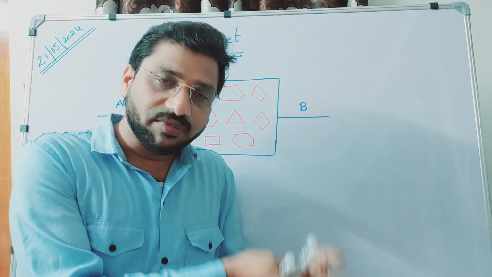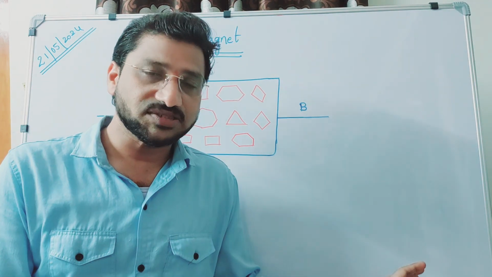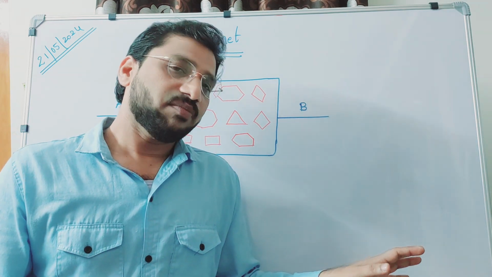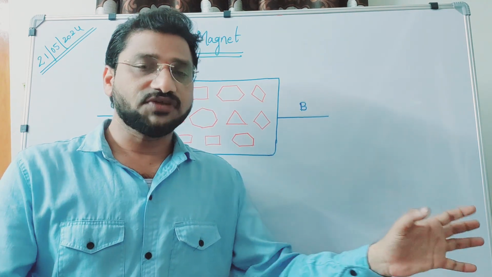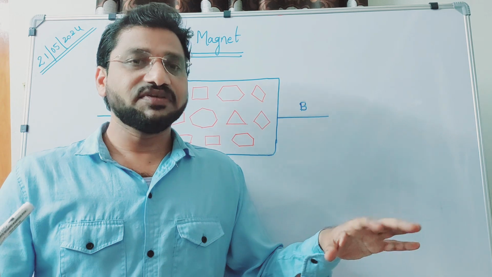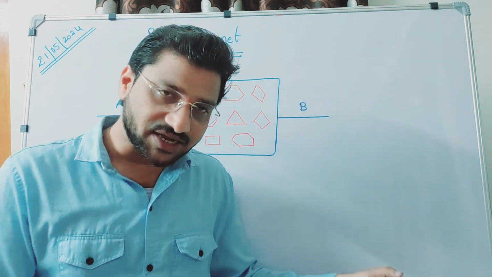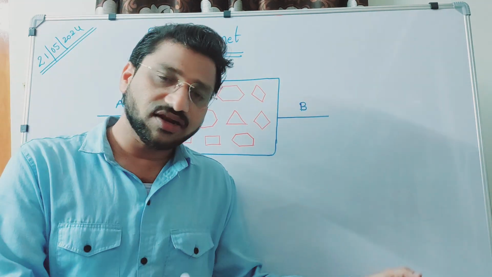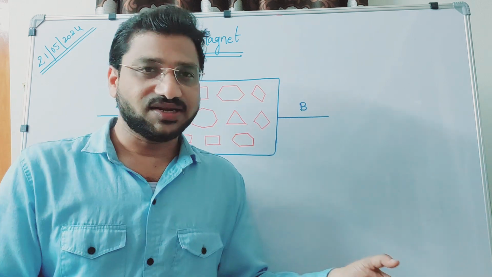If you know the atomic structure according to Niels Bohr's principle, then we can easily assess the characteristics of the material, and whether it is going to behave like an insulator, a conductor, or a semiconductor.